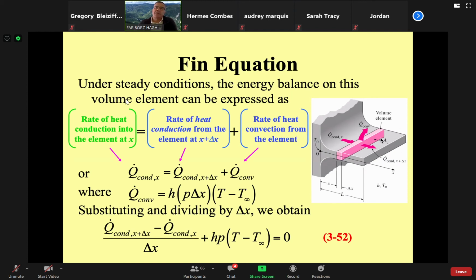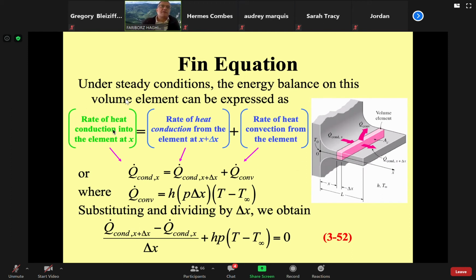Remember, it has a top and a bottom part exposed to heat transfer to the ambient temperature, and also we have a solid material here. In the solid, heat moves by conduction. So heat transfer here is by convection to the outdoor, and also conduction to here.